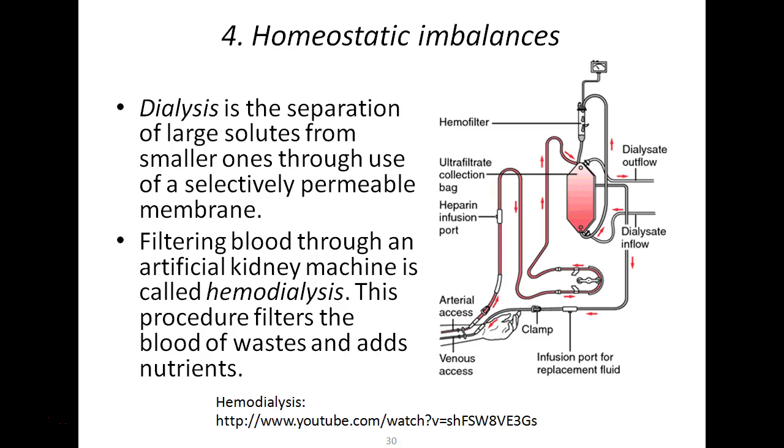We can get filtering blood through an artificial kidney machine called hemodialysis. This procedure filters the blood of wastes, the waste inside blood, and it's going to also add nutrients. So therefore, dialysis is going to be a treatment for renal failure.